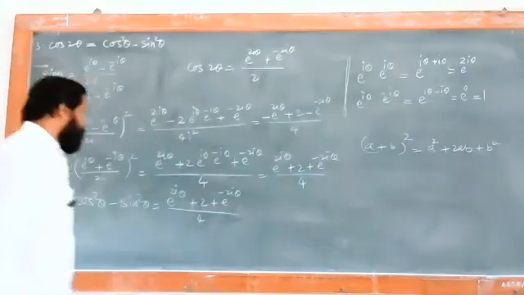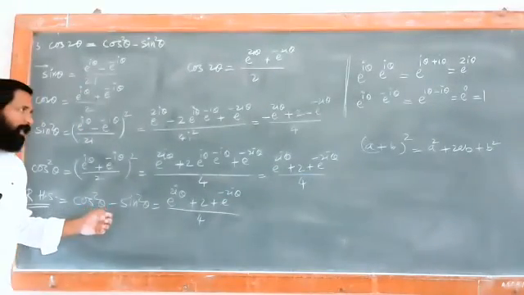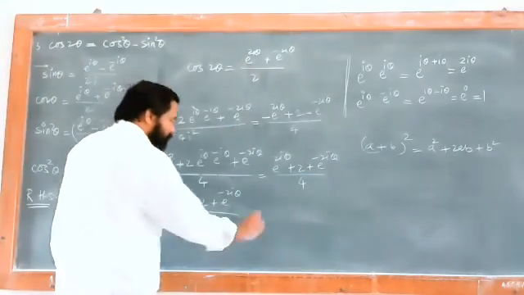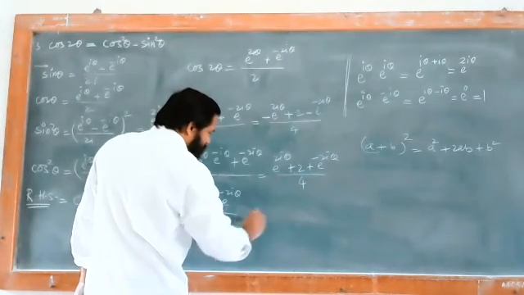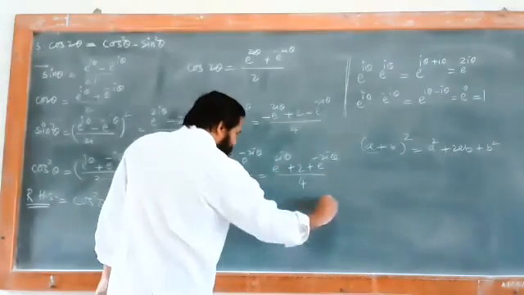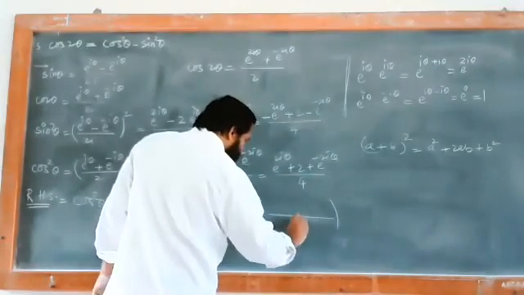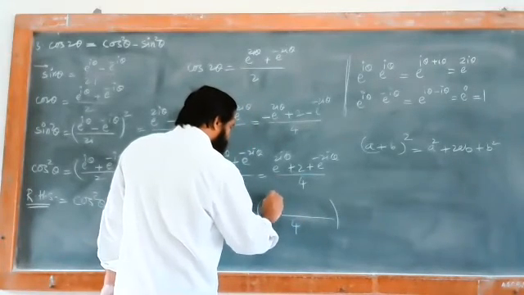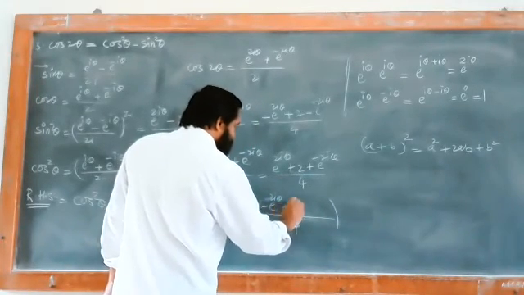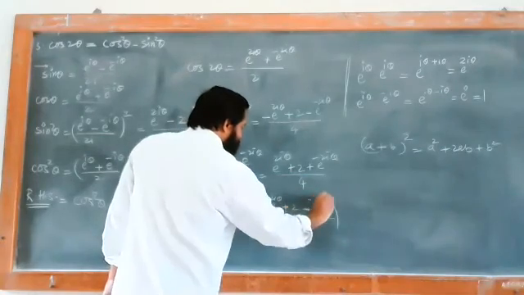Now look at this. Here we have to take minus, here there is already a minus. So this first term I can write as minus into bracket, and just write it as it is, e raised to twice i theta plus 2 minus e raised to minus twice i theta.